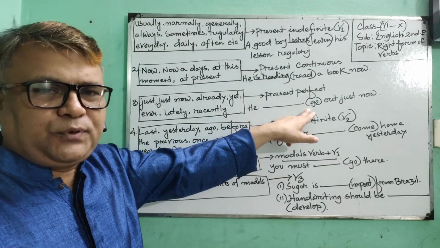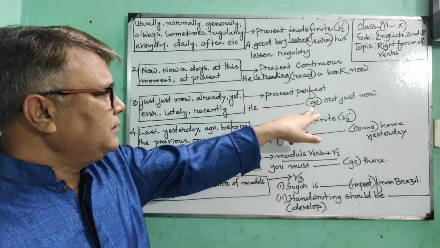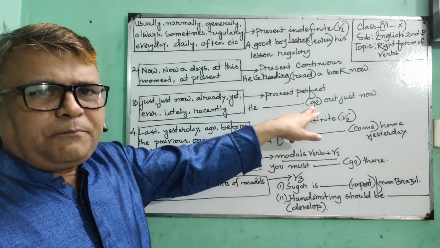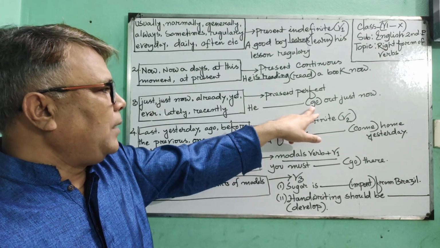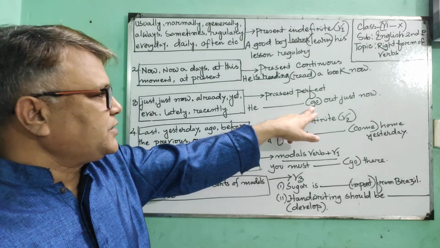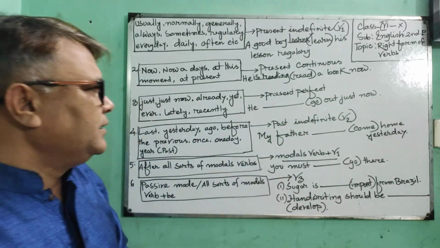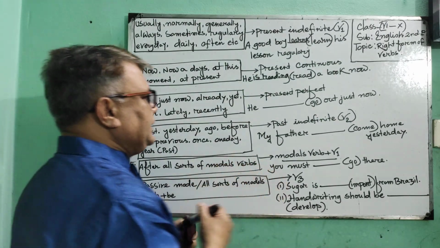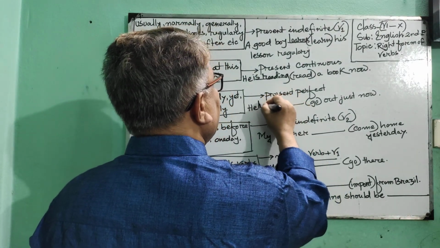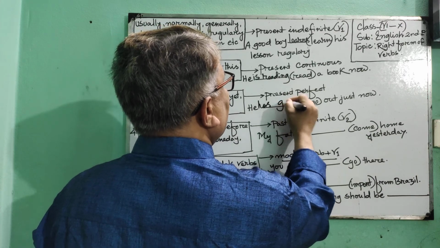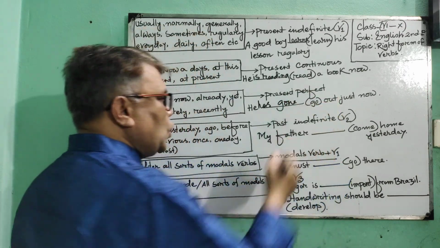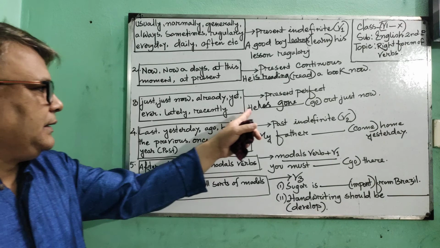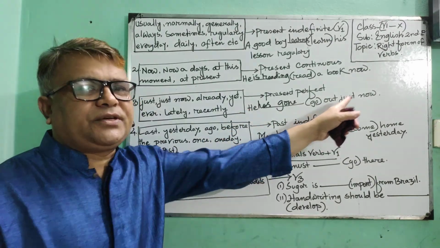Then you have to use the past participle of the principal verb, that is V3. That means he has gone. Go, went, gone. He has gone out just now.